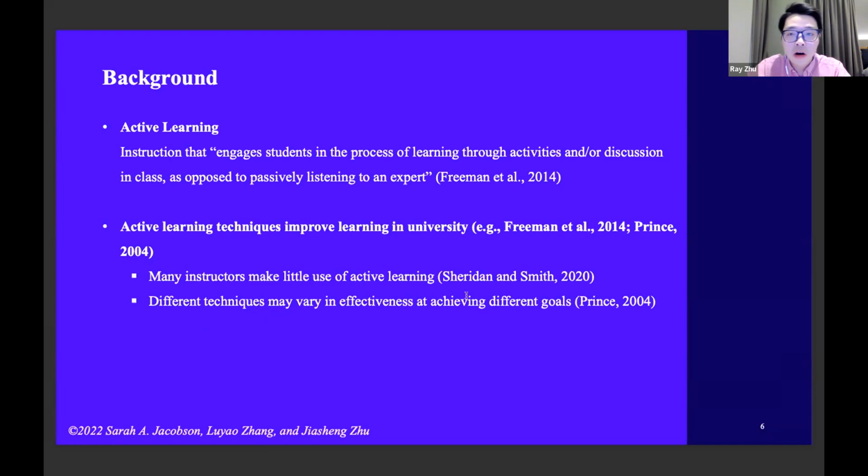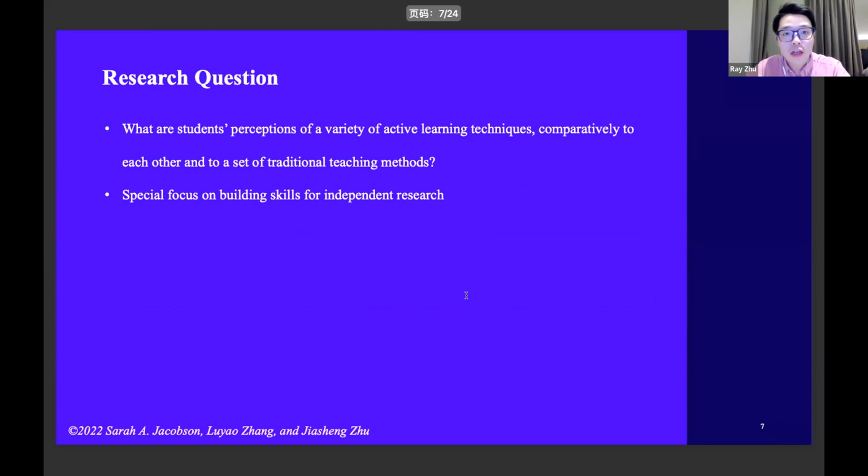Therefore, to further our understanding of active learning techniques and also contribute to learning and teaching in economics classes, we came up with the following research question: what are students' perceptions of a variety of active learning techniques comparatively to each other and to a set of traditional teaching methods?